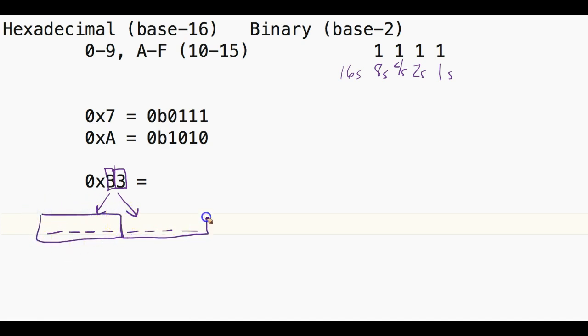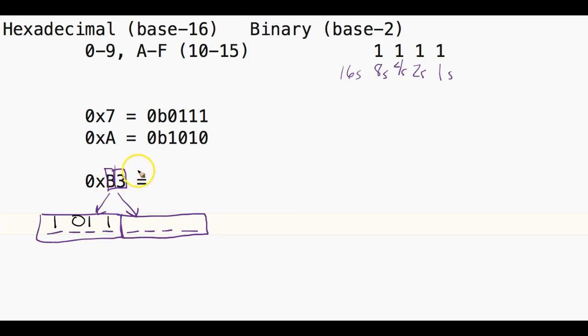So look at them individually. B is 11. How do I get 11 out of these values? 8 plus 2 plus 1. So 11 would be 1, 0, 1, 1.